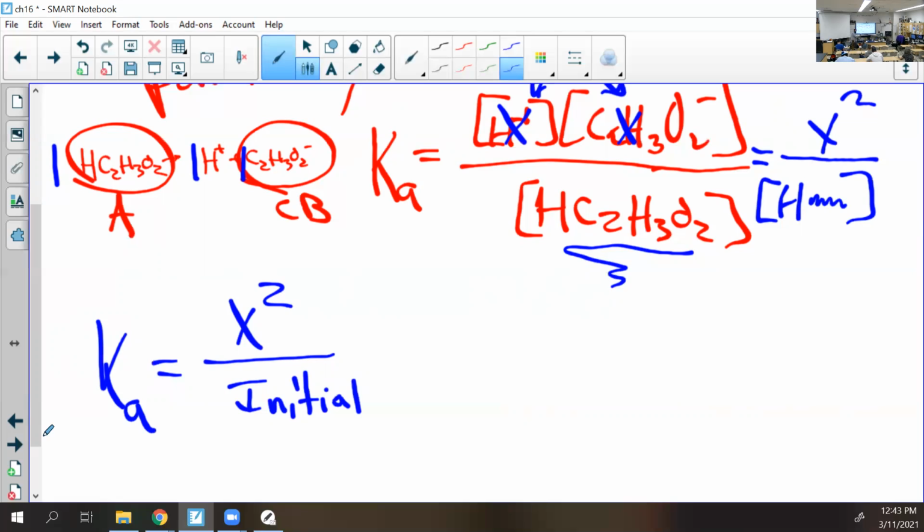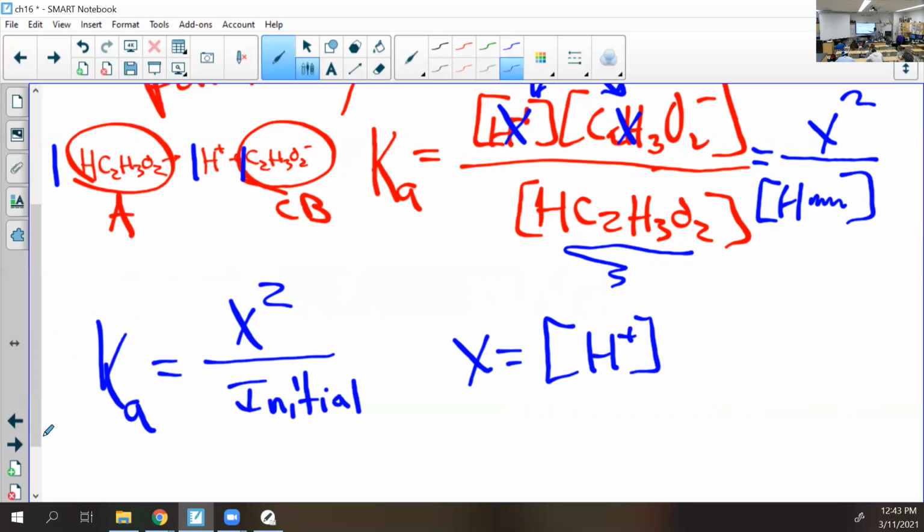And here's what's kind of cool. It's where we're kind of going next. If I solve this for X, it is solving for the concentration of H plus, right? I'm going out of order, but it's just kind of cool.